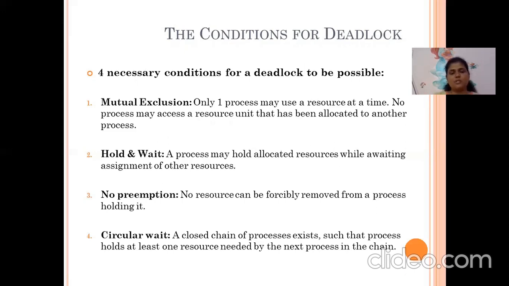Hold and wait: all the processes can hold the resources while they are waiting for other resources from other processes. No preemption: that means we cannot forcefully stop the execution of any of the processes. Circular wait: processes are waiting for the resources held by other processes and thus they form a circle of waiting between them, and it leads to the deadlock.